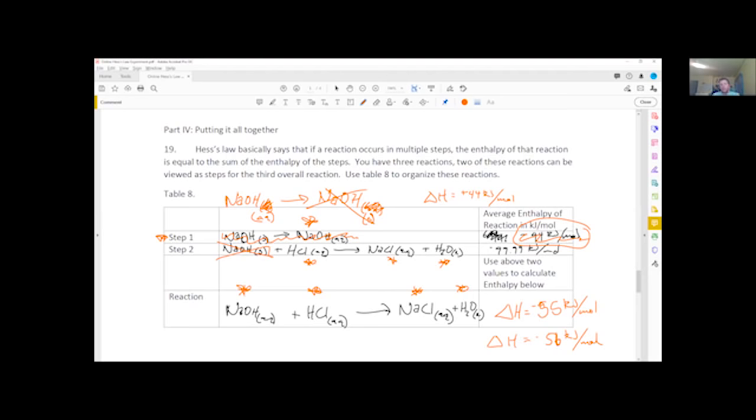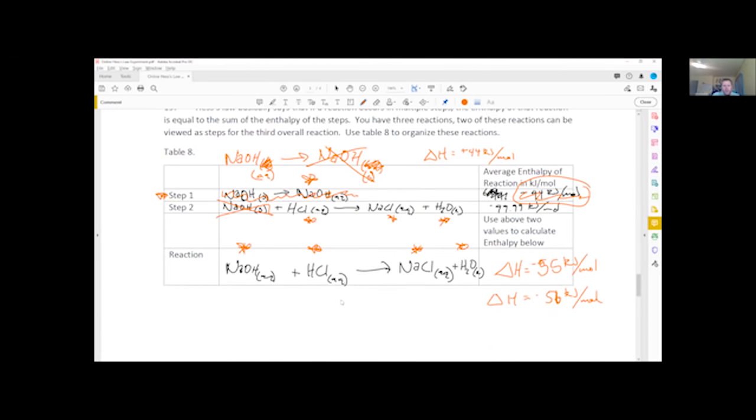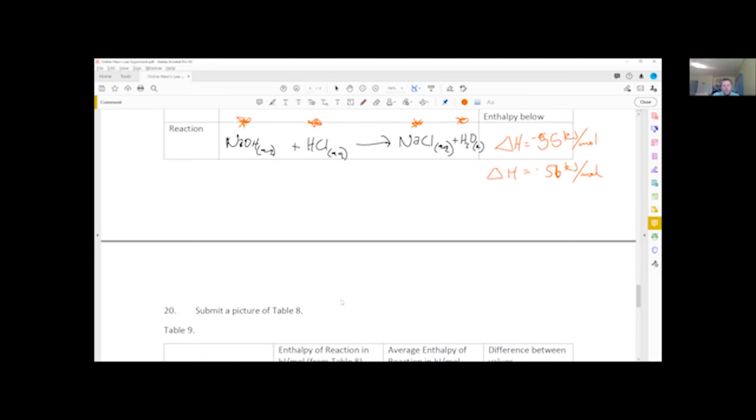So basically we did all 3 of these reactions, and then we said, let's use 2 of them to prove Hess's law and then compare it to the data we've generated. So what is the enthalpy of a reaction in kilojoules per mole from table 8, where we're looking at aqueous HCl and aqueous sodium hydroxide? Table 8, that would be approximately negative 56.